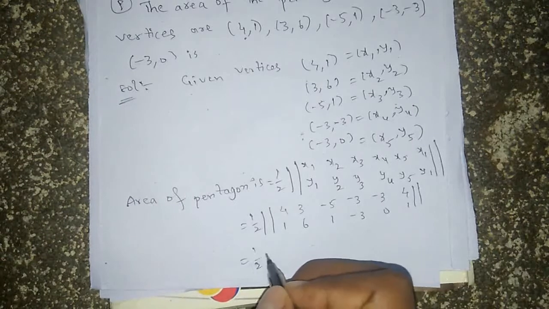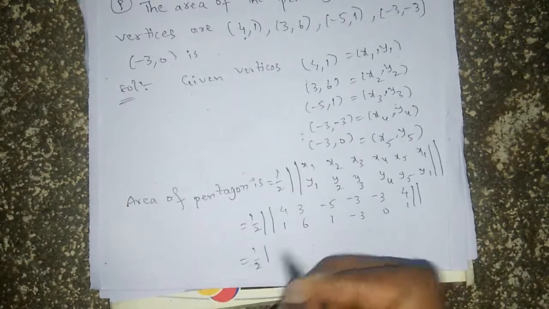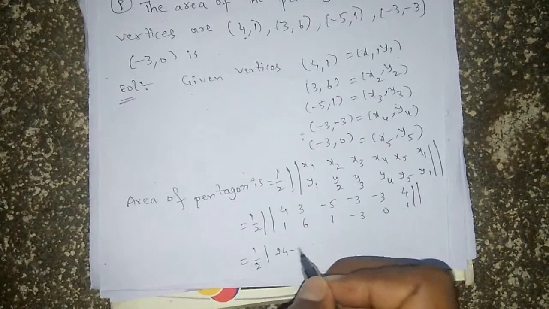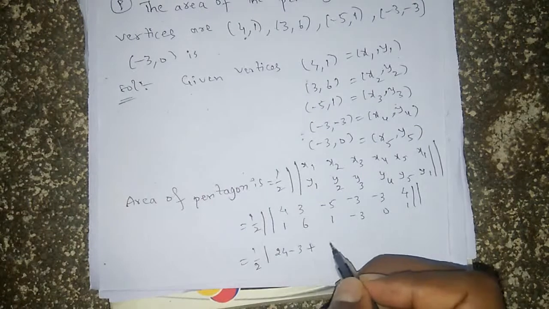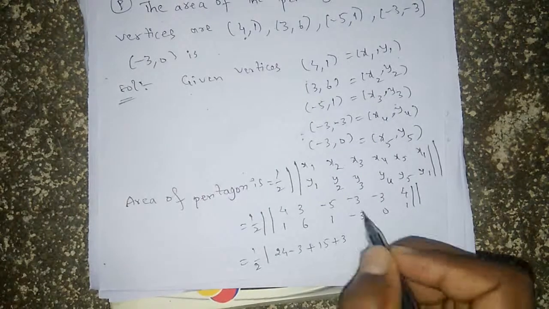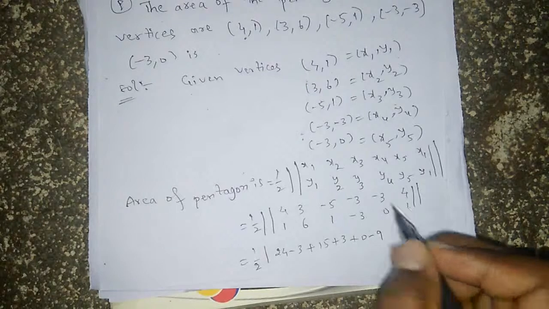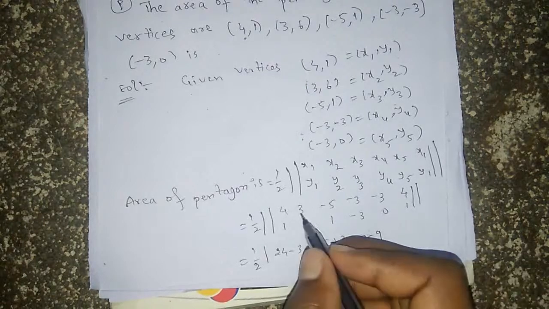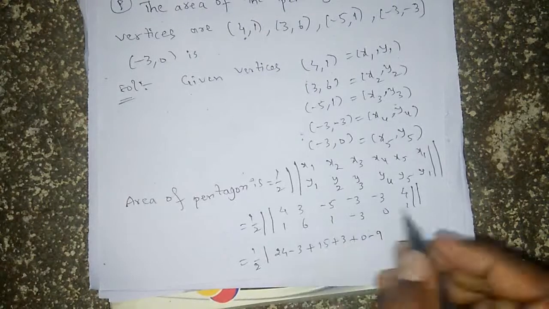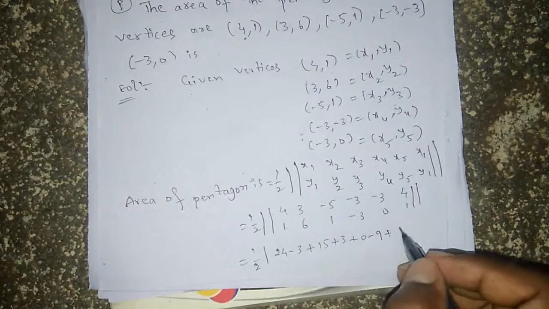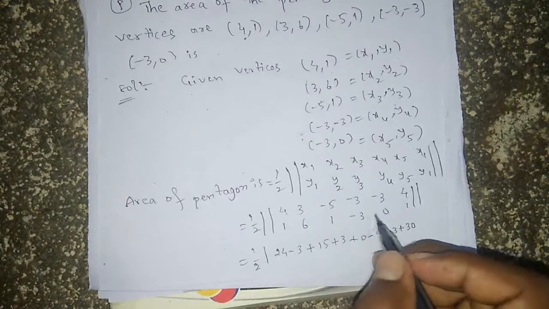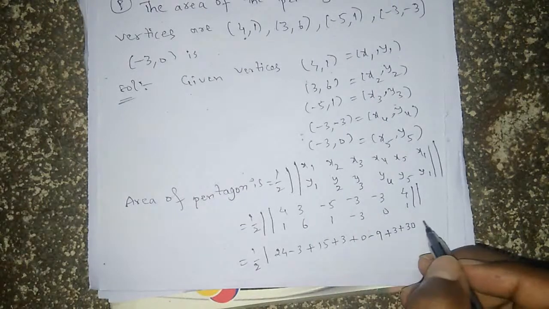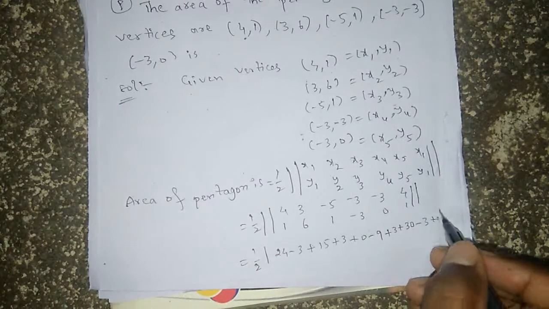This is like a 2D determinant. 6 4s are 24 minus 3 minus 5 into minus 3 is 15 plus 3 plus 0 minus 9. Here we missed one term. This is 3 plus 30. Okay, I am writing here. Next, this term is minus 3 plus 0 minus 0.